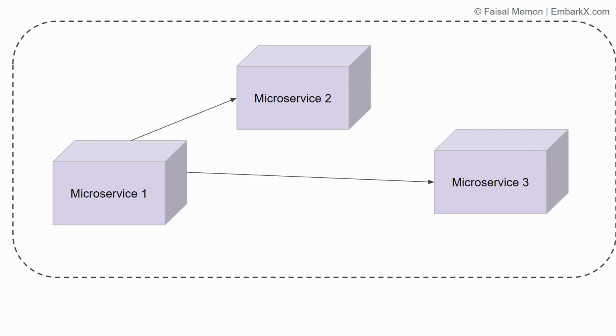Now, what happens is usually these microservices will be communicating with each other. In such scenarios, there can be possibilities that one service fails. So let's say microservice 2 fails. Because of that, all the calls that would go to microservice 2 would fail, and this would result in an entire system collapse, which is not good.